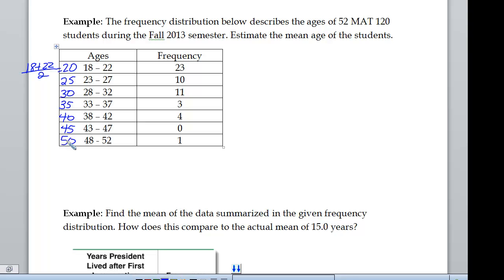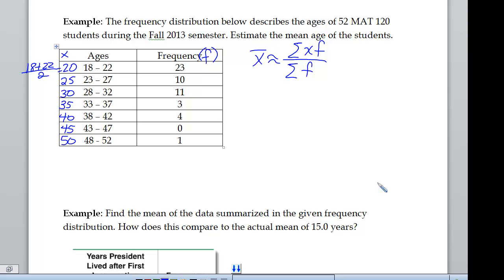So when I apply the formula, these are my x's. These are my frequencies. We saw that summation symbol again. We said x bar is approximately the summation of x times f divided by the summation of f. So what I'm going to do is take each of my x values and multiply it by the corresponding frequency.